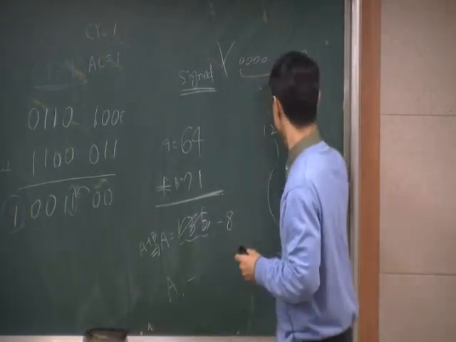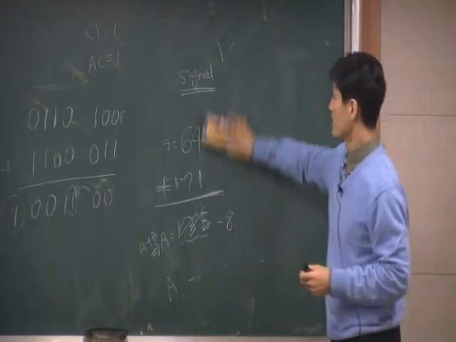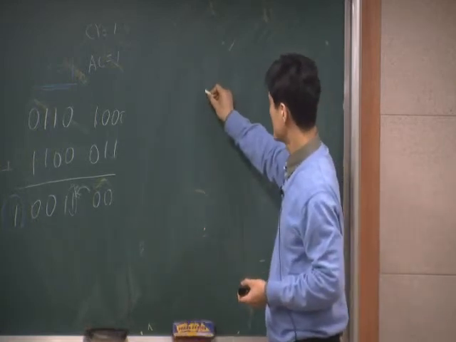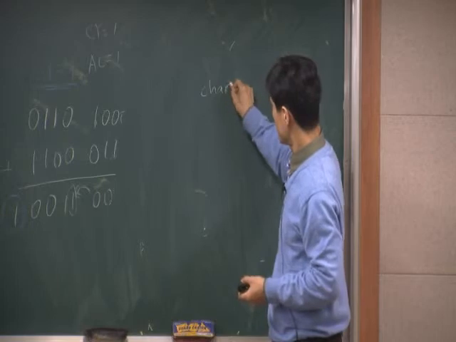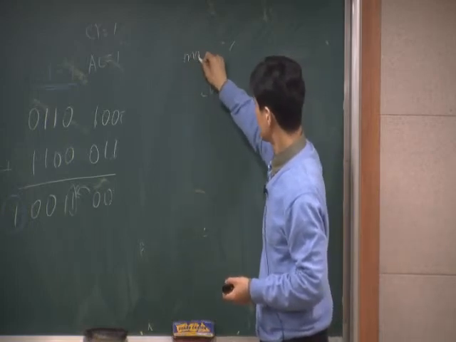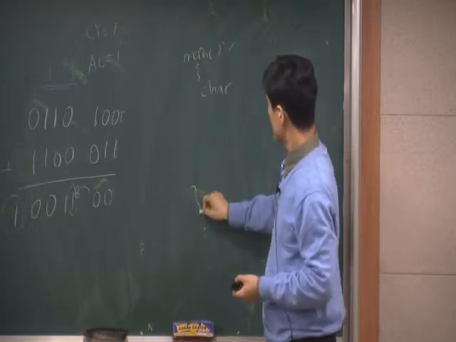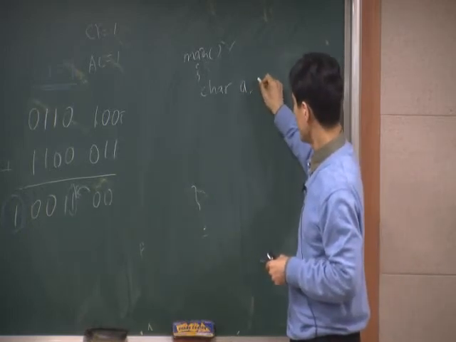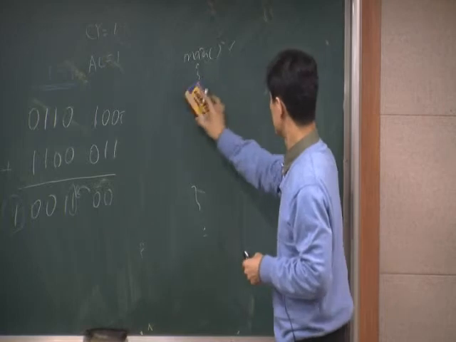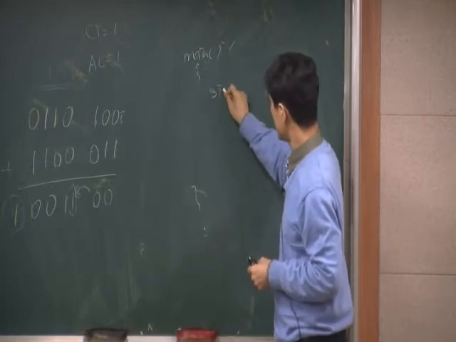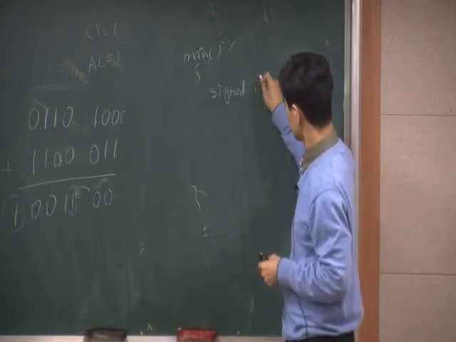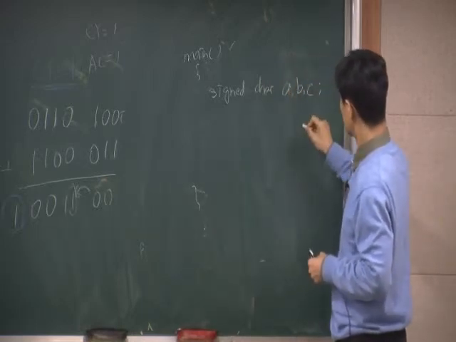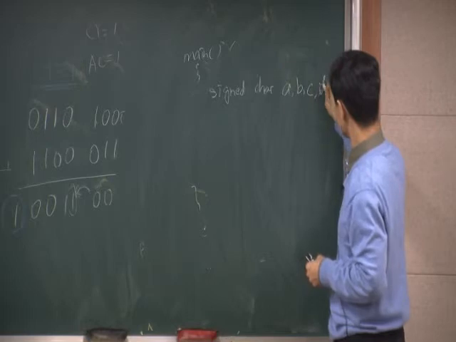Let's see the C. Basically, the same thing here. Let's think about C language. You know the C language, right? Let's write the C language. Character is 8-bit, right? Think about 8-bit. I define A. Let's say I have a signed 8-bit A, B, C, D, something like this, right?